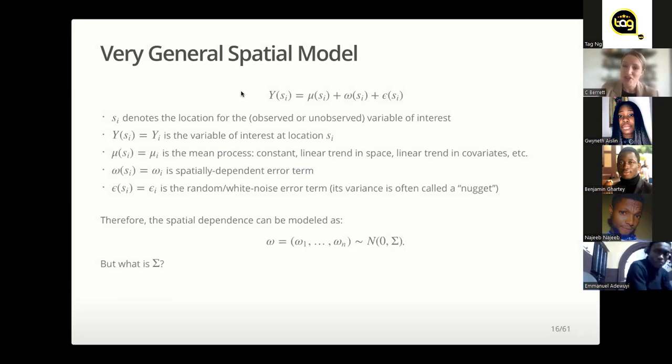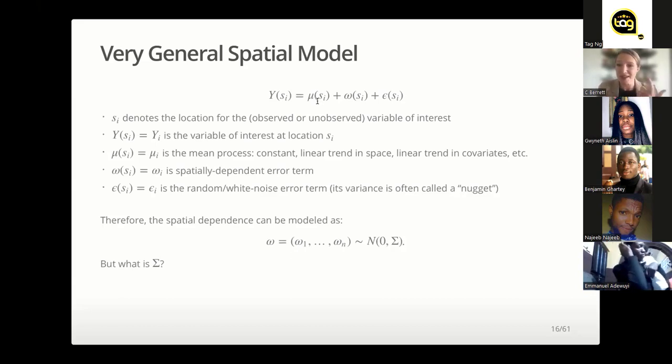Okay, just a little bit of notation, a very general spatial model. We have our observation at a location S, so PM 2.5, or the zinc measurement, or how many products we sold at a specific location. We're going to model that with a mean process. This mean process can be an intercept, so it can be constant everywhere.